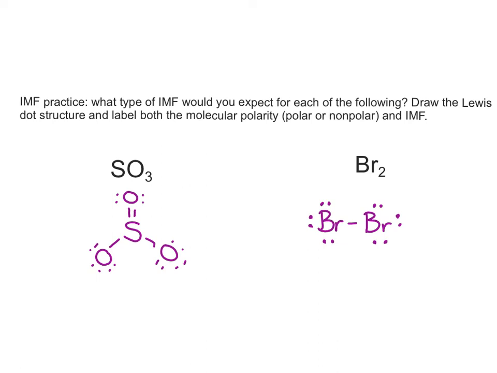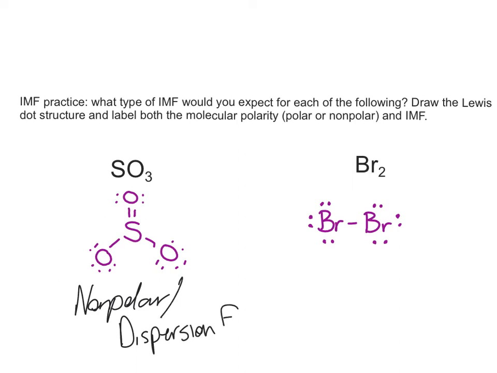Is everything around it the same? Yes, O, O, and O, which means SO3 is a nonpolar molecule as far as we're concerned. Because it's nonpolar, the best IMF it can give us is going to be dispersion. So we have to identify polarity first, then we can deal with IMF.